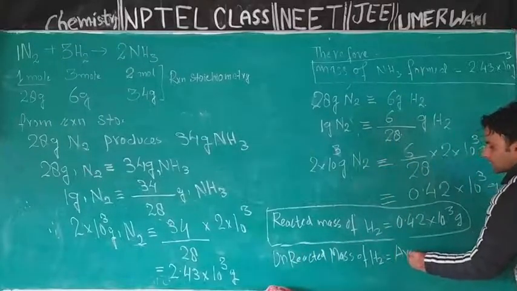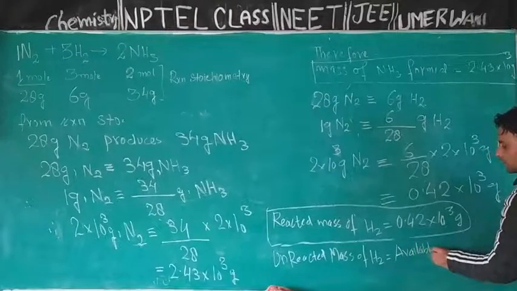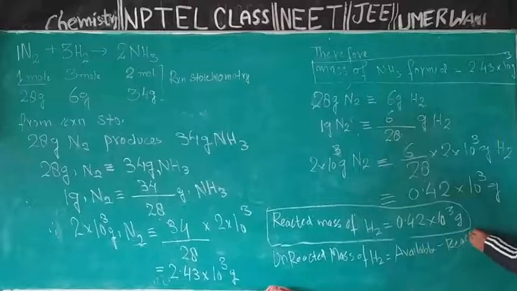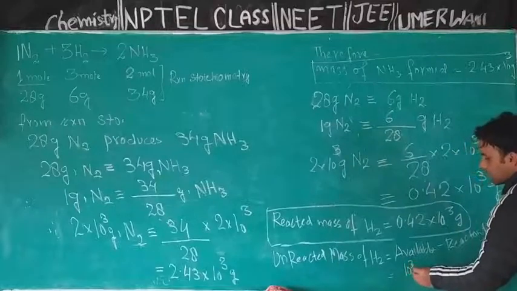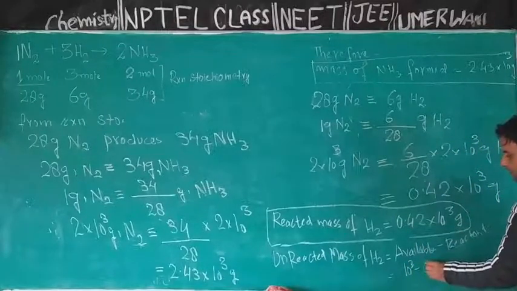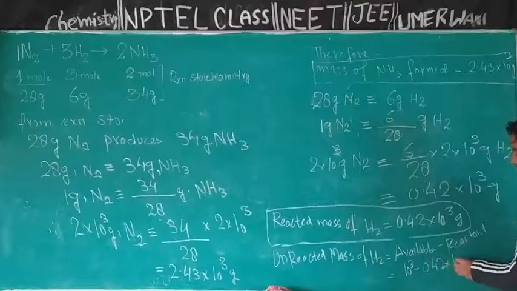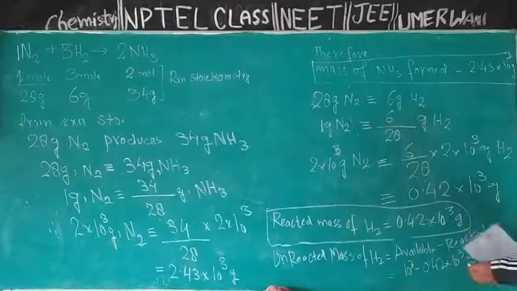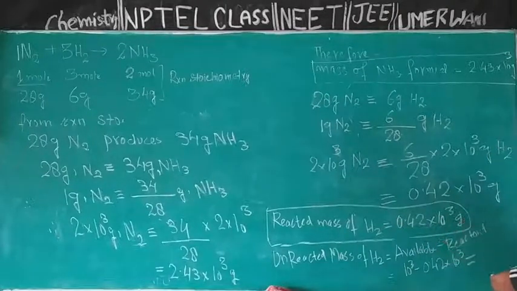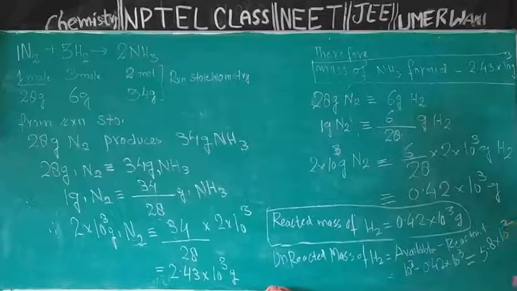Available mass is the mass given in the question, 10 raised power 3, minus reacted mass, 0.42 into 10 raised power 3, and on evaluating it, I have already evaluated this value as well, it comes equal to 5.8 into 10 raised to power 2 in scientific notation. This is one more answer.